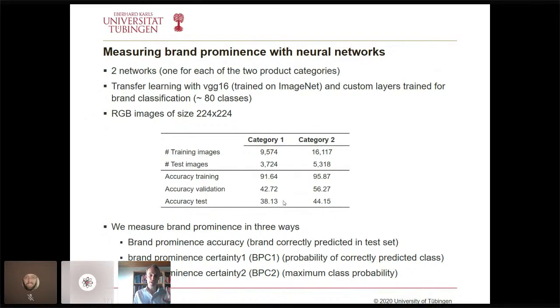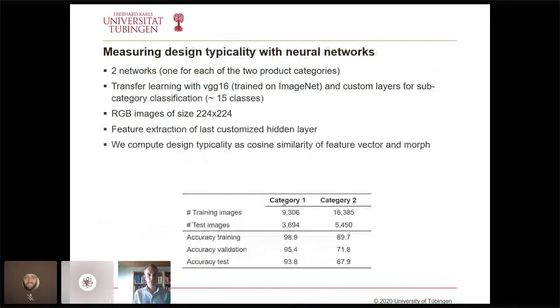And then, as I said, we have those 3 different outcome measures. Design typicality: we again use this VGG16 net trained on ImageNet data.